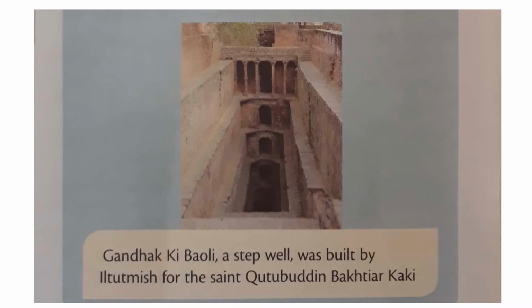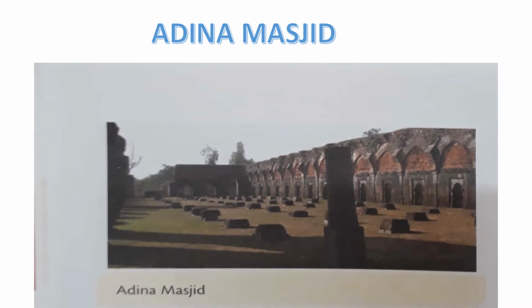This is Gandak ki Bauli. It is a step well built by Iltutmish for the Saint Qutbuddin Bakhtiyar Kaki. Children, in Bengal, the rulers of Bengal retained its traditional Hindu style and incorporated some features of the Islamic tradition.